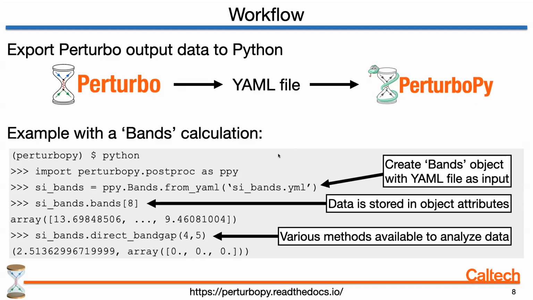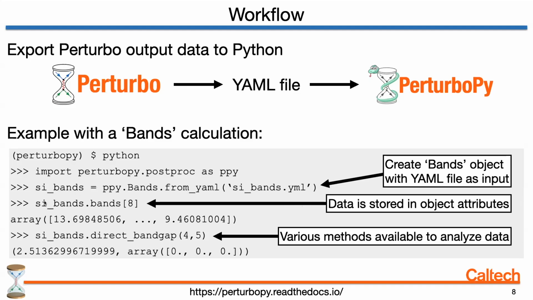On the bottom here, we have an example with a bands calculation. We're using an interactive mode. We import our post-processing PerturboPy package, and then we import the data from the YAML file. We are creating a bands object with the YAML file as the input. And we can access the data through the object attributes.